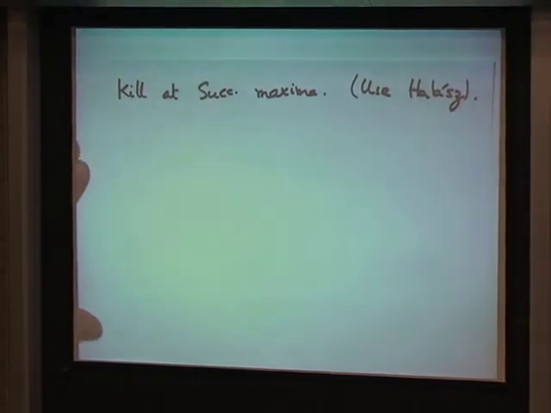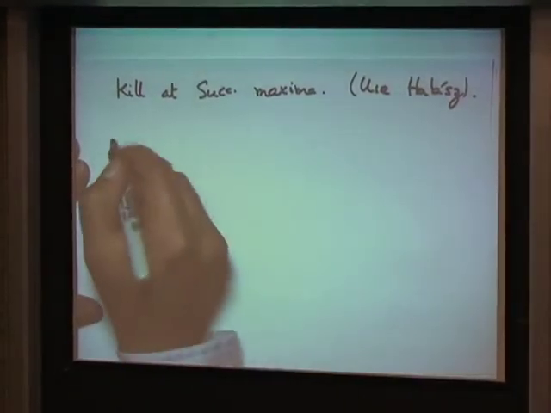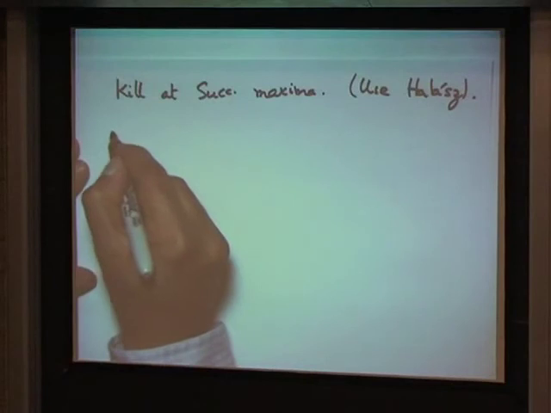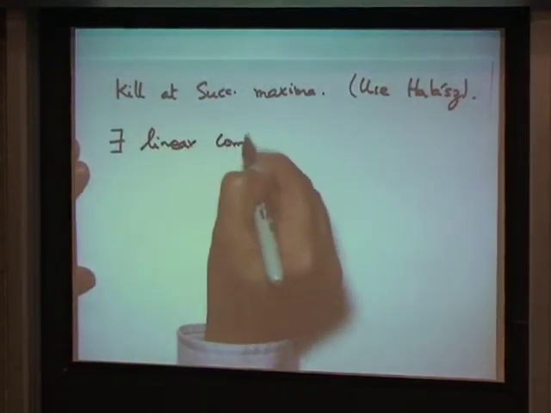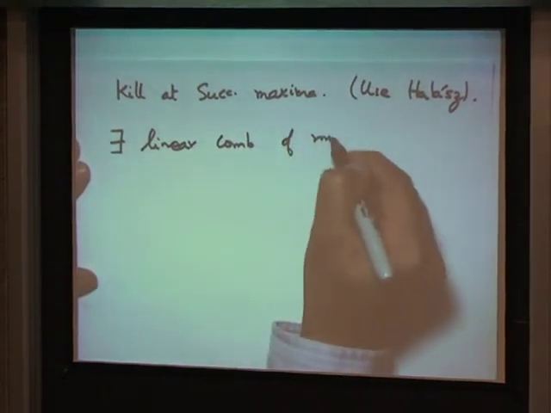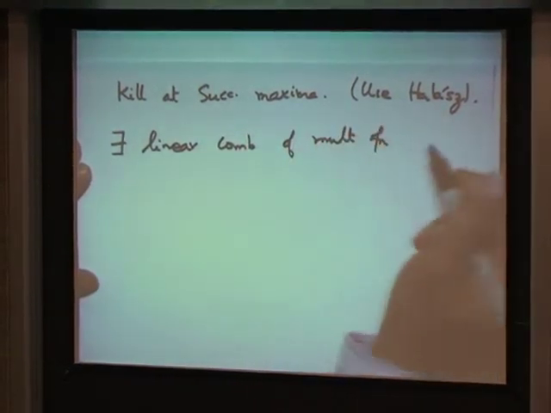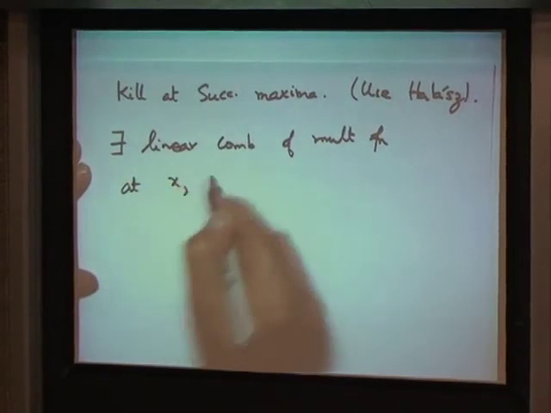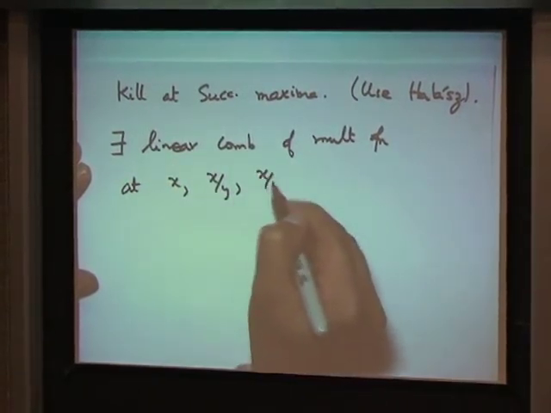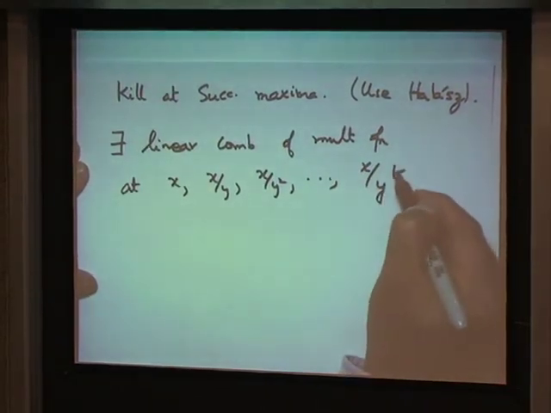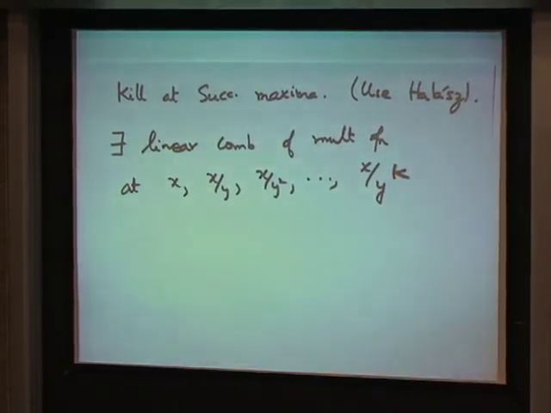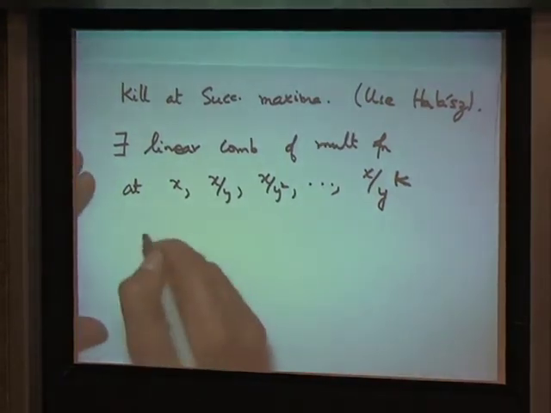And then what you're led to is that there exists a linear combination of your multiplicative function at x over y squared, and so on up to x over y to some large number k, depending on what the bounds for your multiplicative function are and how good an answer you want, which is small.